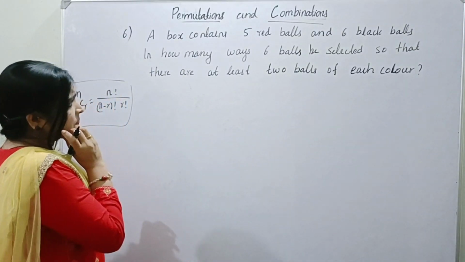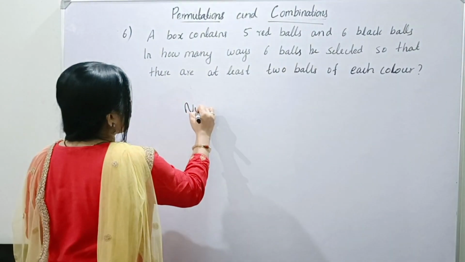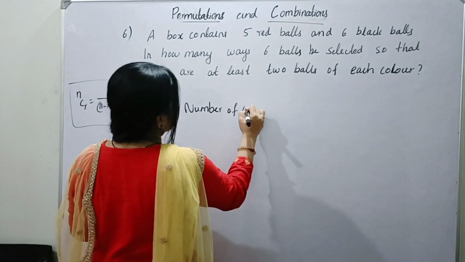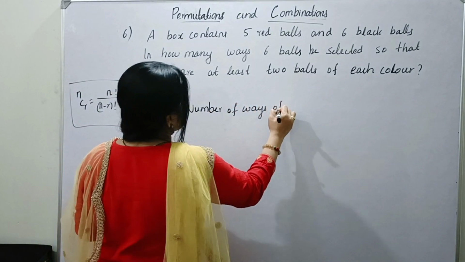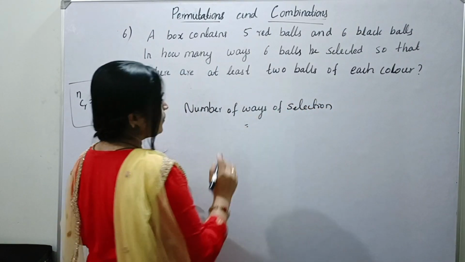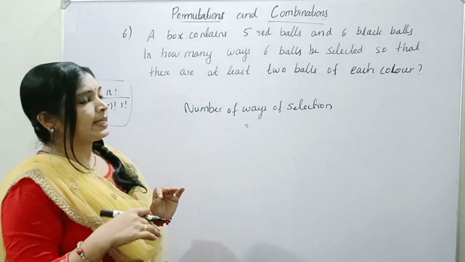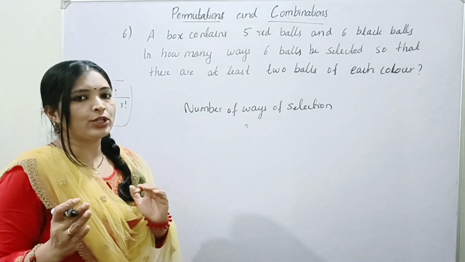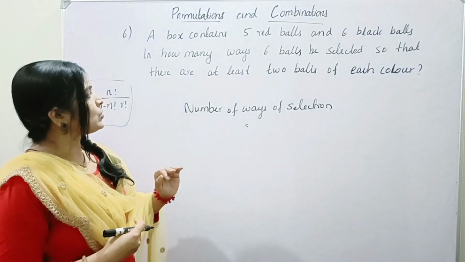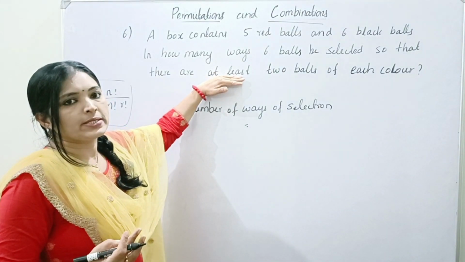So first, number of ways of selection is equal to, at least 2, not exactly 2. If you don't understand the question, read it once again. So at least 2 balls.